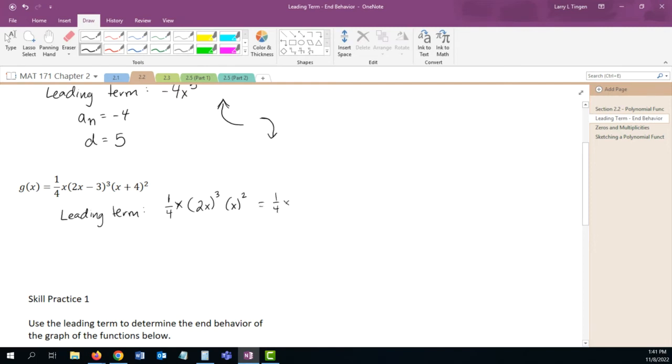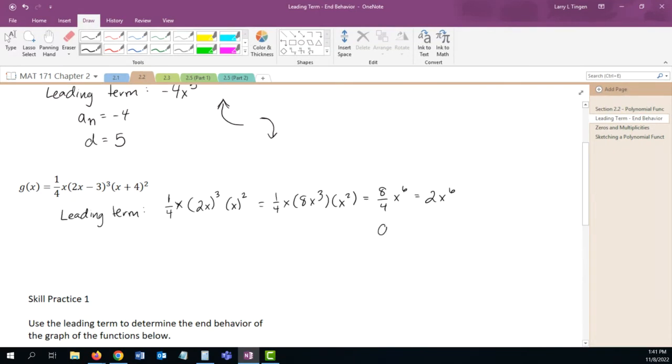So let's do our powers first. That's 1/4 x. 2x raised to the third is 8x cubed. X squared is x squared. And now put them together. 1/4 times 8 is 8/4. X times x cubed times x squared is x to the 6th. 8 divided by 4 is 2.